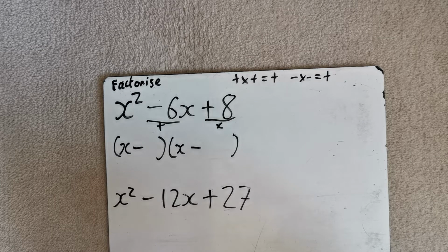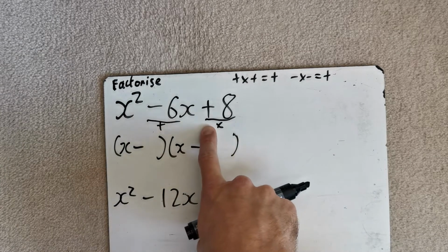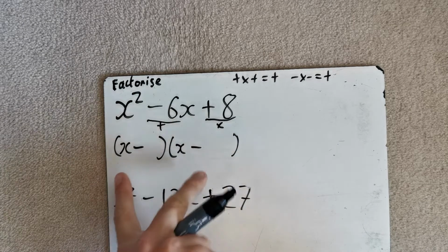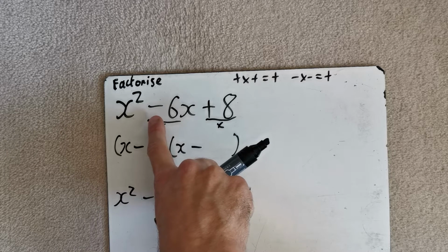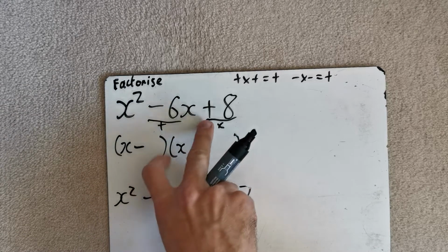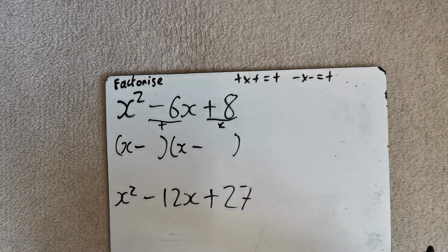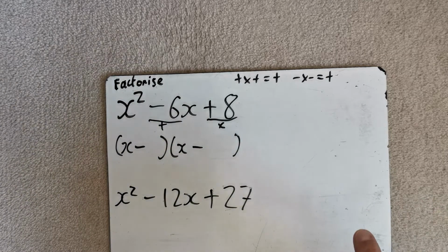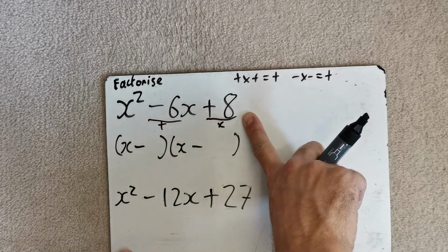Okay, I hope that was clear. The main thing you need to remember, if there's a positive there, these are the same. And if it's a negative there, they'll both be negative. Hard to explain, but you'll get the hang of it, I'm sure. So, what multiplies together to make 8?